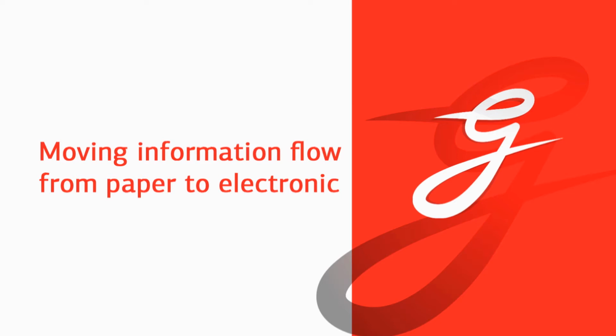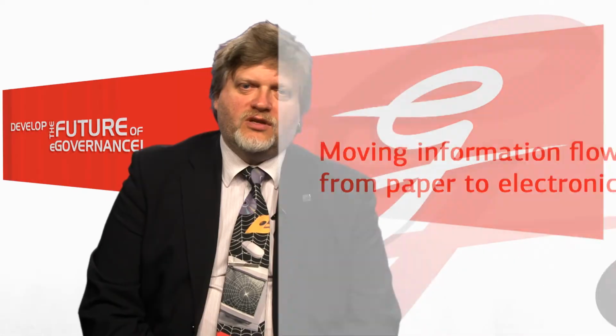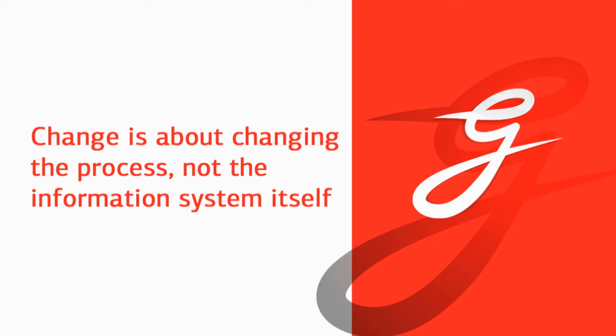When we are talking about changes in information systems, it's important to highlight that the change is about process change. Change in information systems only doesn't give any value. We need to change the way how we work, how we change the processes within those public service provisions.